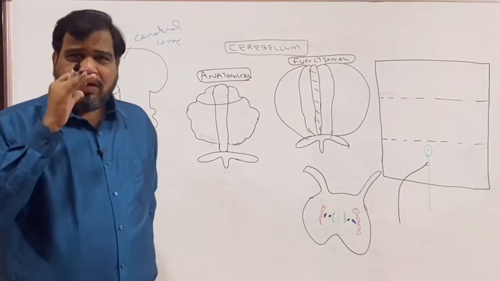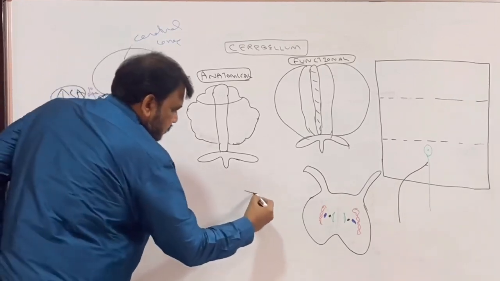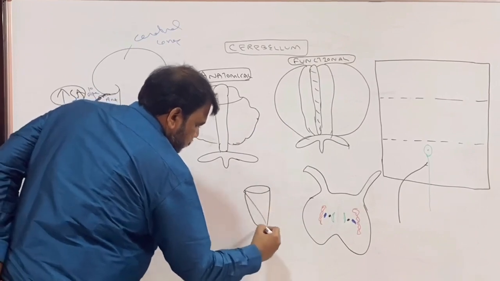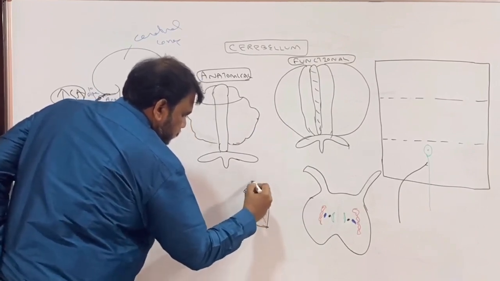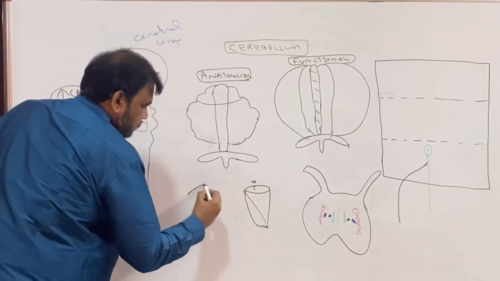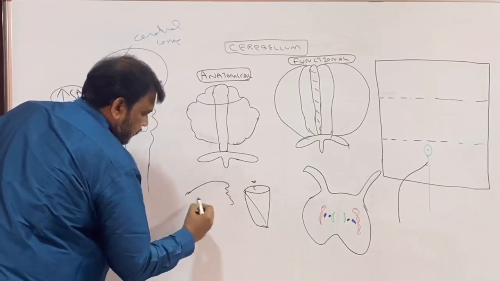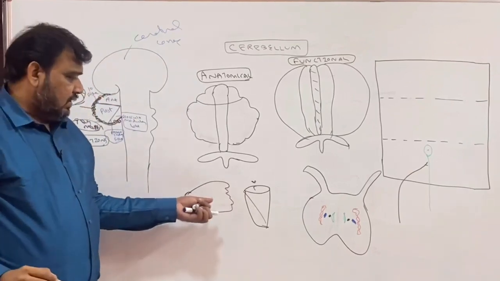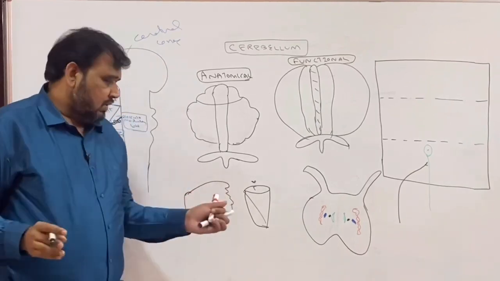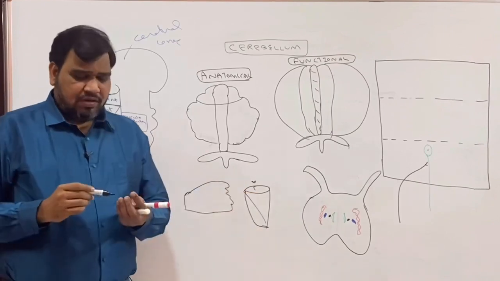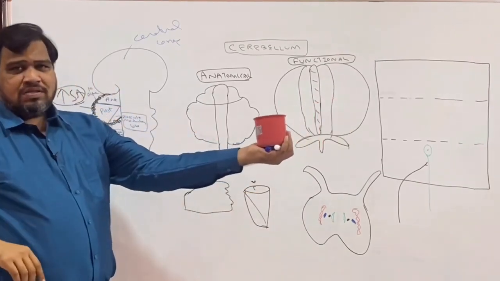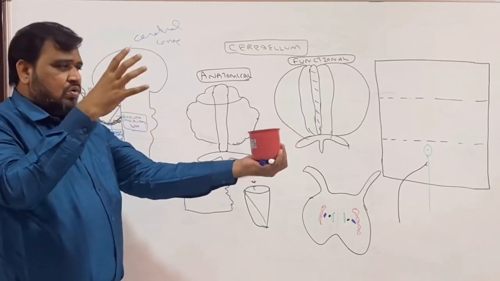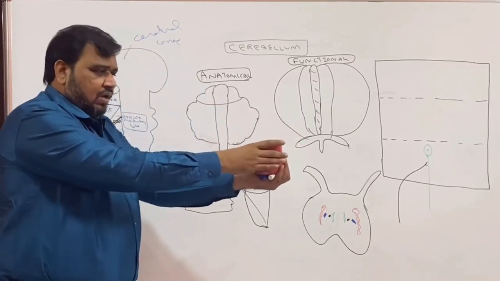If I want to drink a cup of tea, so just understand here, this is my hand. I am very weak in diagram. So I want to drink a cup of tea. Imagine the cup of tea is kept on the floor and my right hand is going to pick the cup of tea.